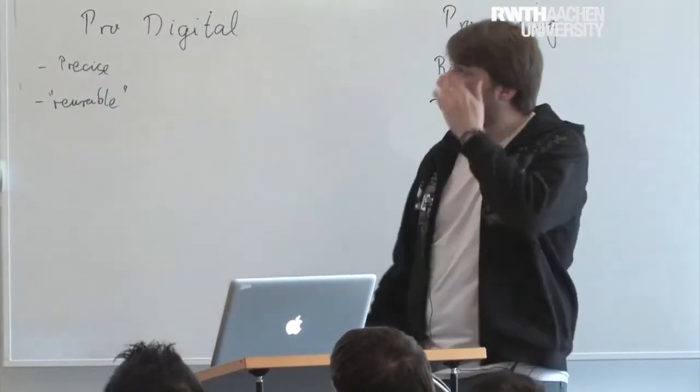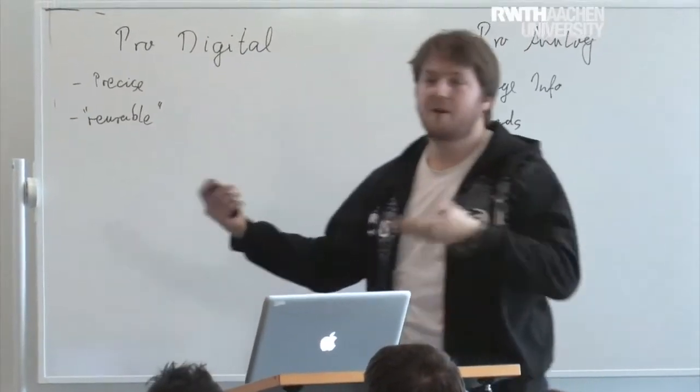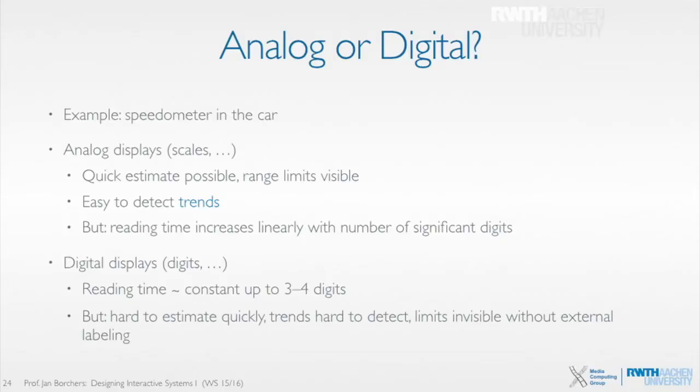So for the analog displays, what we already mentioned was, well, the quick estimates. I can just, by glancing at it, know that straight up is 100. I'm very close to it, will be there. And I can see the range limits, so what is actually the maximum speed that I can go and where am I in relation to that.